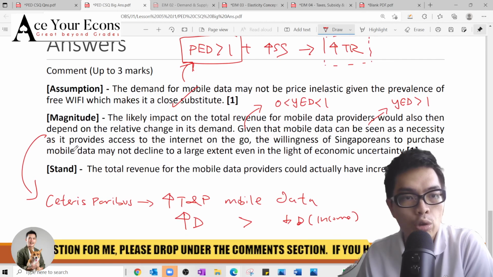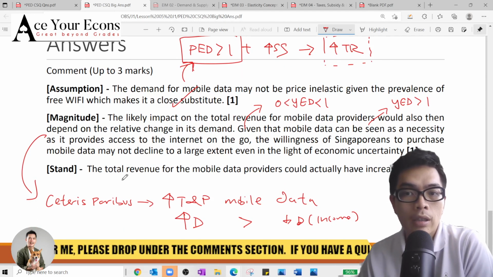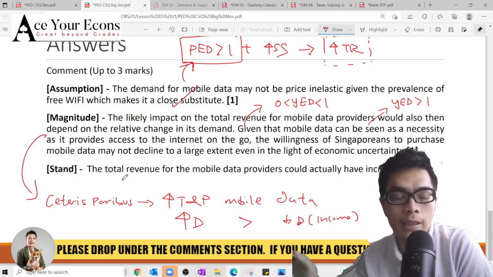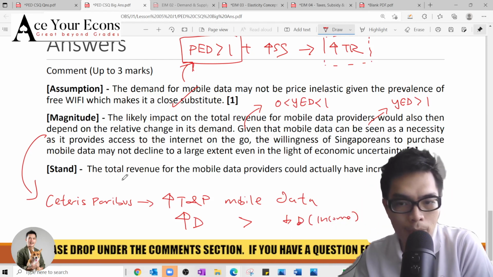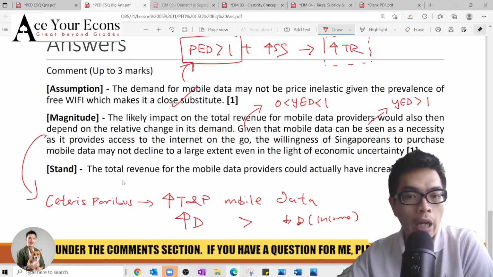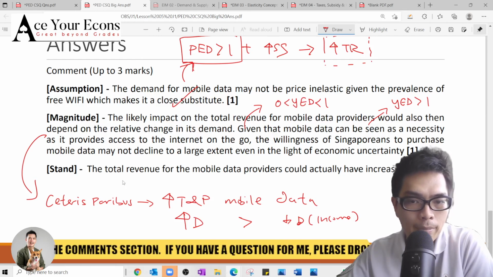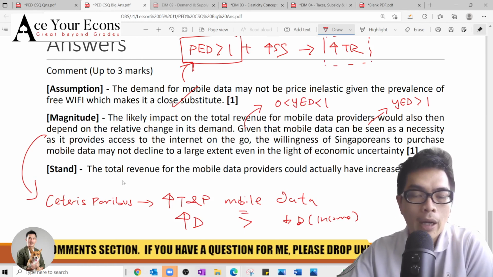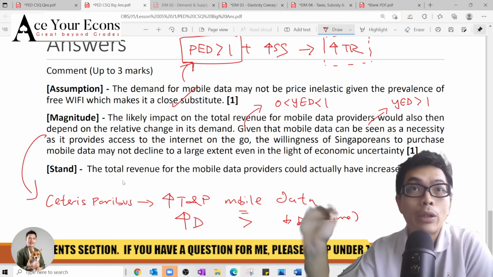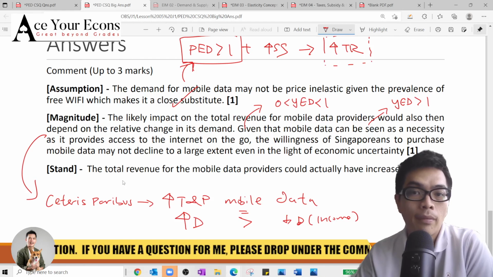If we want to swap magnitude with ceteris paribus, we can also play with that. Ceteris paribus means all things remain the same. So if all things don't remain the same, then we can have this condition. Or if the magnitude of increase in demand is the same as the fall in demand due to a fall in income, then there will be no change in your demand curve. Then total revenue will remain the same.